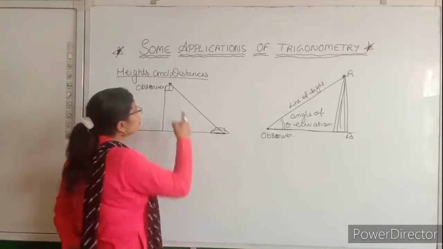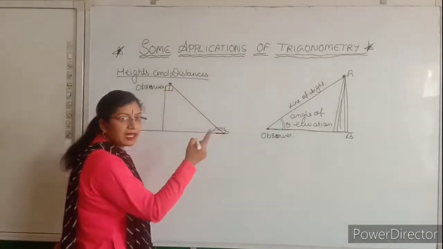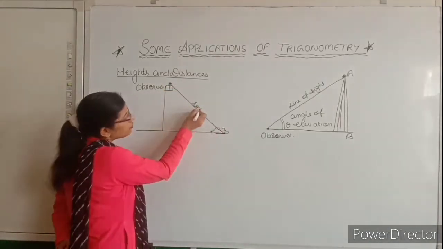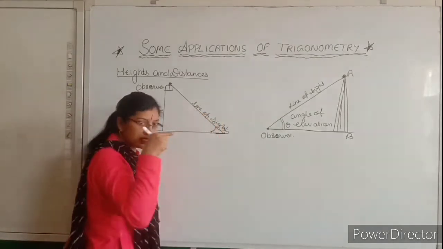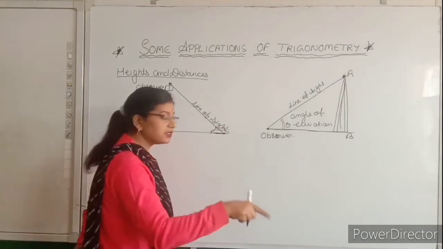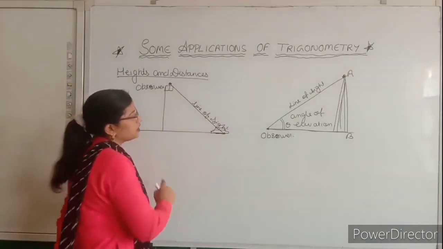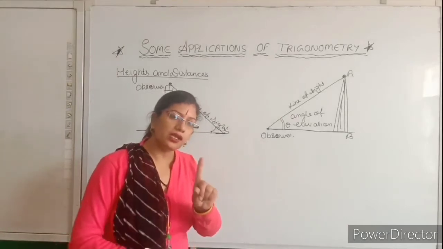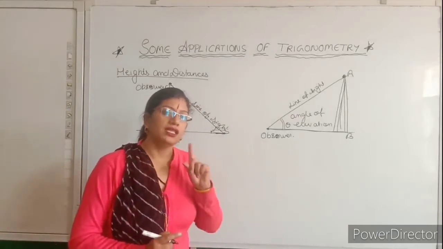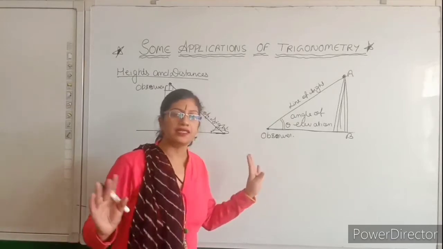From his eyes the rays are coming like this. So this is called the line of sight. Sight means eyesight कहते हैं ना, sight देखना. So this is called the line of sight. अब जो angle बनता है वो हमेशा horizontal और line of sight के बीच में बनता है. This should be clear to you.